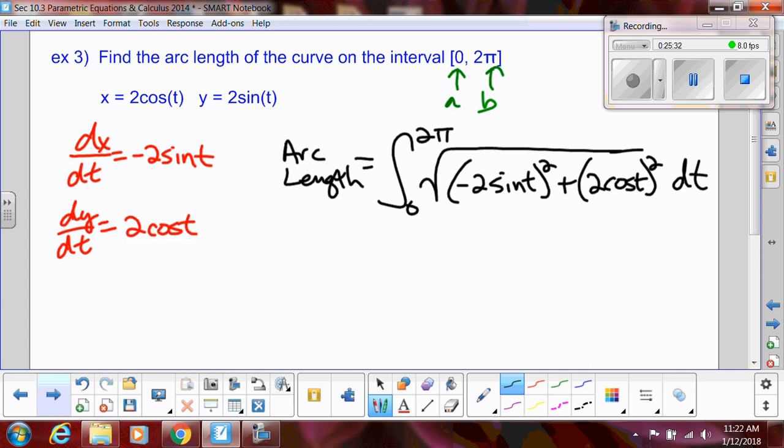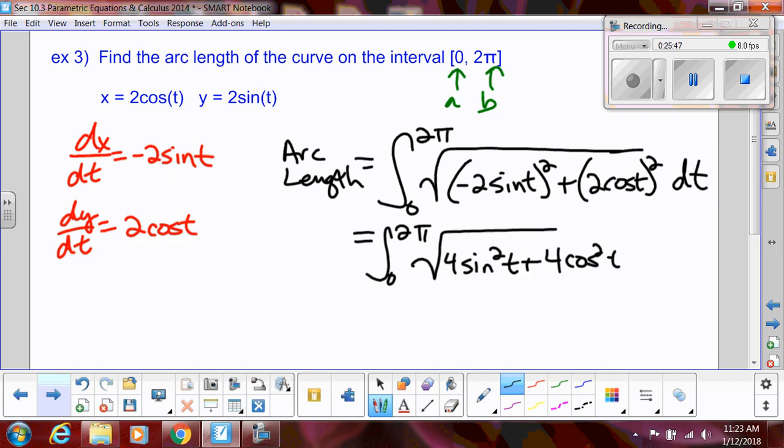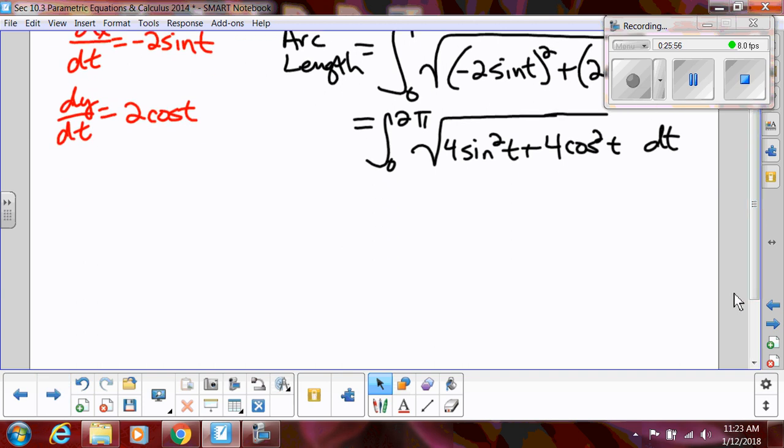Now this one, they said they want us to find it. So now we're actually doing the integral. So we're going to have from 0 to 2 pi. If we square that, that'll be 4 sine squared t plus 4 cosine squared t. I'm going to pull out the 4. Okay, so I can factor out that 4.